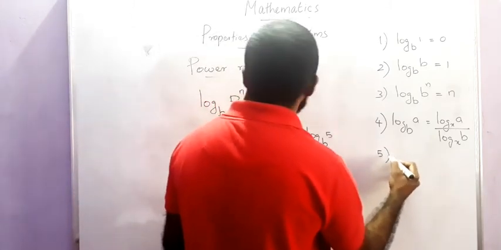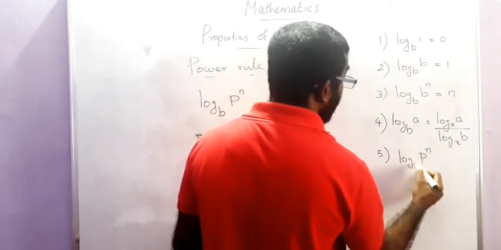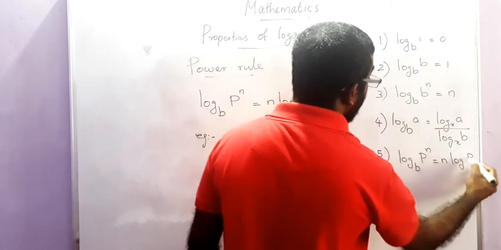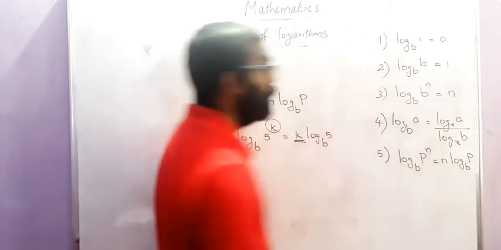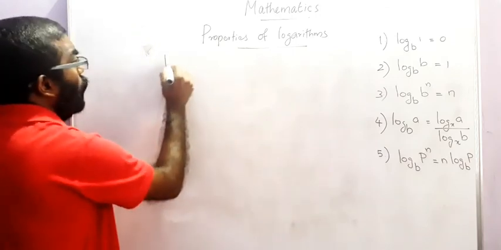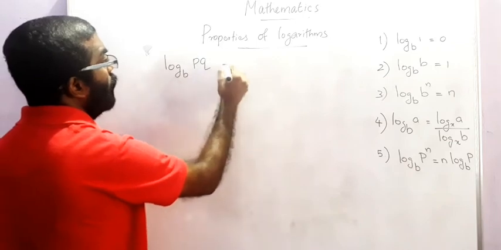That is, log p raised to n to the base b is equal to n log p to the base b. Okay, the next one is log pq to the base b.